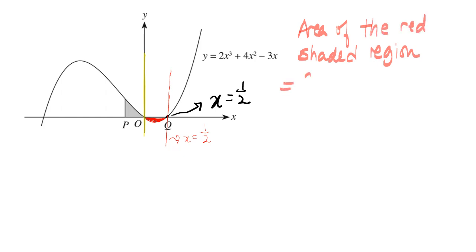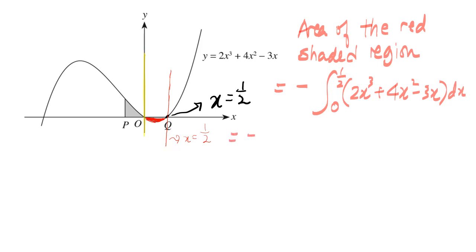Remember, we need to put the negative sign in front of our formula. So we integrate from 0 to half, our curve, which is 2x cubed plus 4x squared minus 3x, dx.